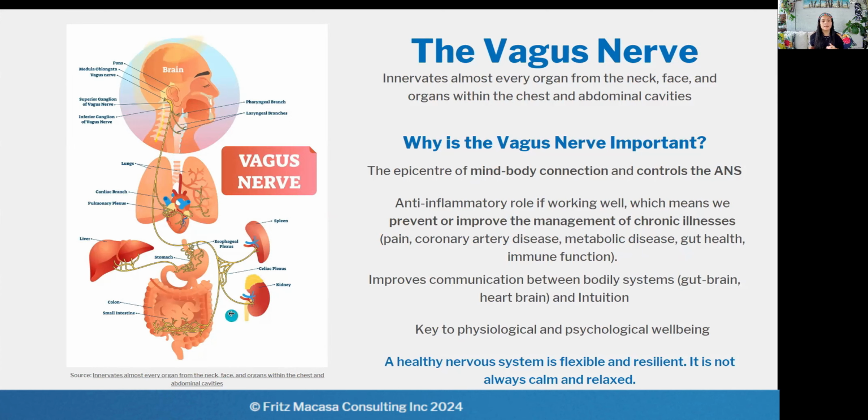And of course, because it is a two-way street, the vagus nerve uses the sensory information from all of our organs up to the brain, and the brain also influences the organs of our body. Having a really well-trained vagus nerve helps us improve the communication between mind to body and body to mind, especially the gut-brain connection and the heart-brain connection.